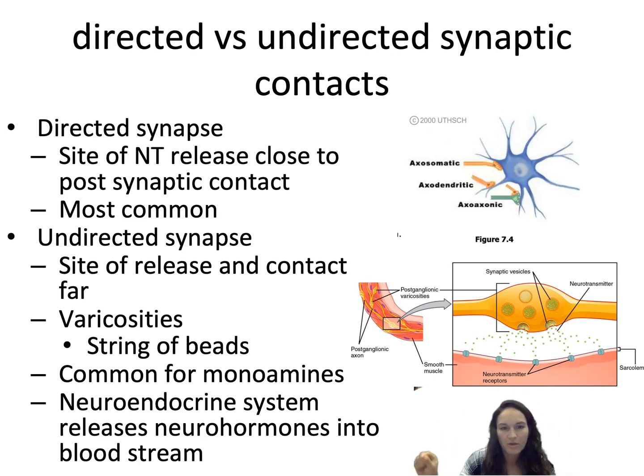And those are the varicosities. There are bubbles along the axon, and the bubbles are actually what are going to be releasing neurotransmitters along the length of the axon. This is pretty common for monoamine neurotransmitters like dopamine, serotonin, and norepinephrine. They seem to be released along these varicosities rather than from directed synapses. This is also really common in the endocrine system as well.